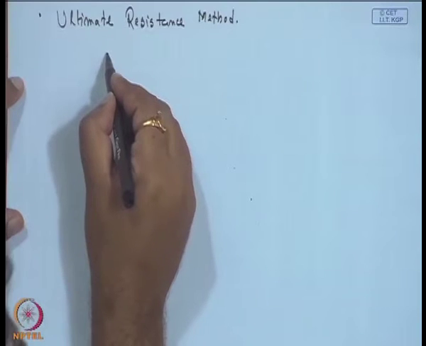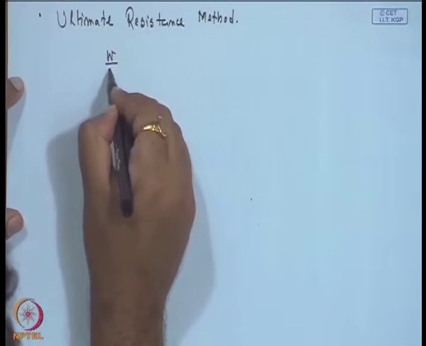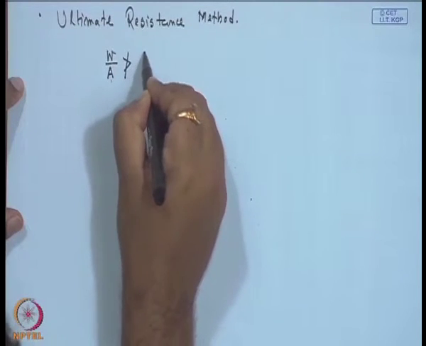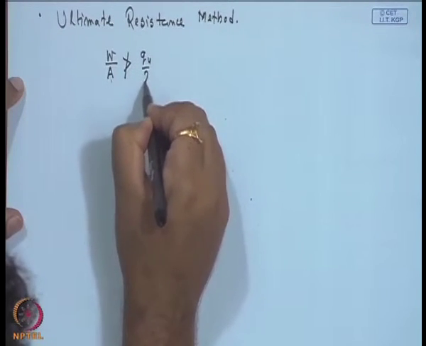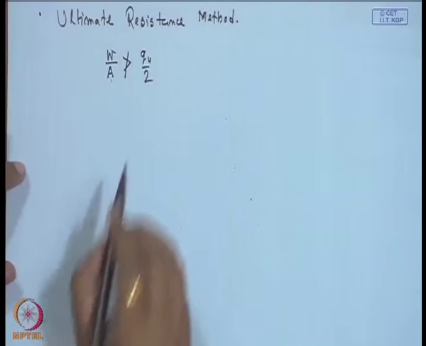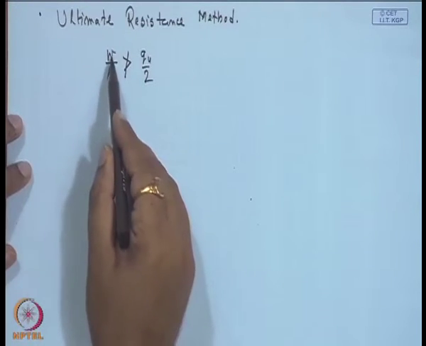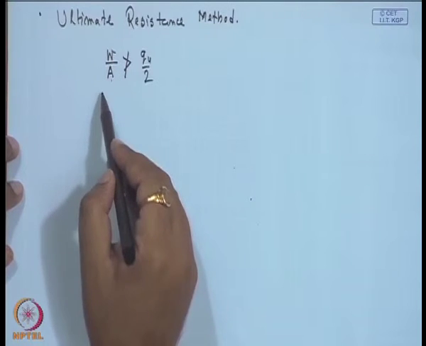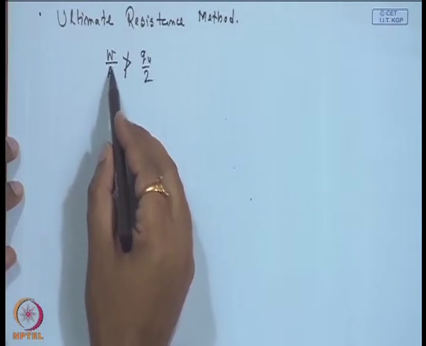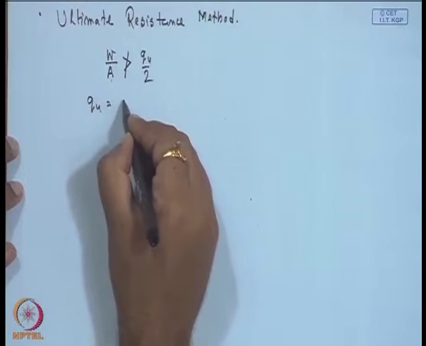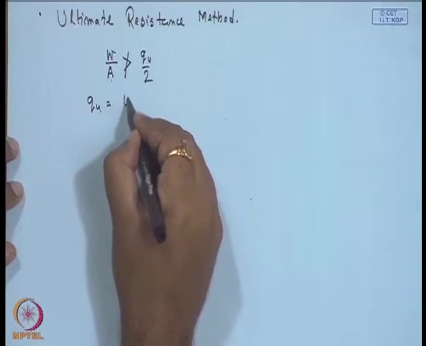Here you have to calculate that W by A should not be greater than Q U by 2, where W is the net vertical force acting or total vertical force acting, and A is the area of the base, and Q U is the ultimate load carrying capacity of the soil.